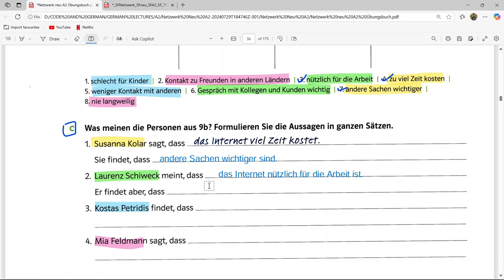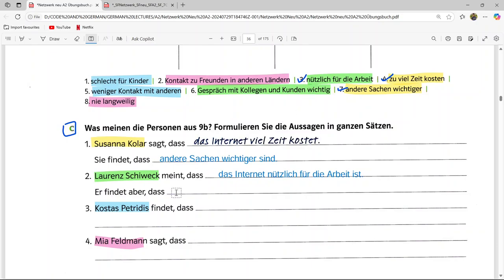Okay, er findet aber, dass, so he also finds that Gespräche mit Kollegen und Kunden wichtig sind. Wichtig ist.